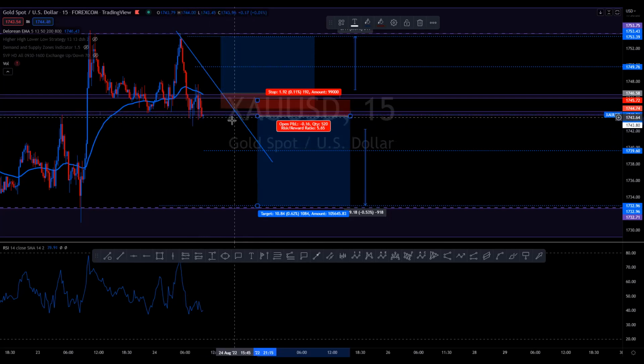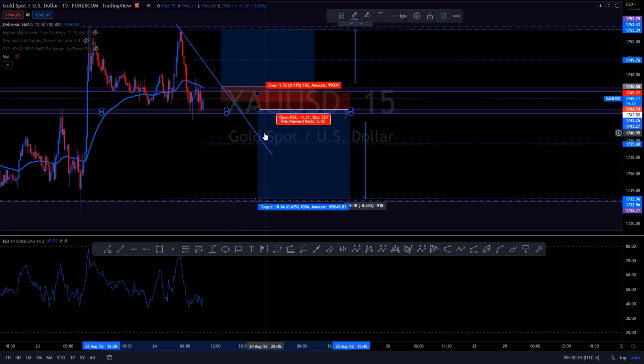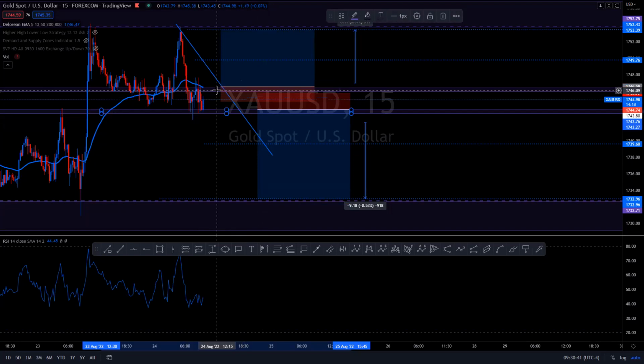Looks like this is a single base zone that's forming. So let's see if this zone is going to hold.